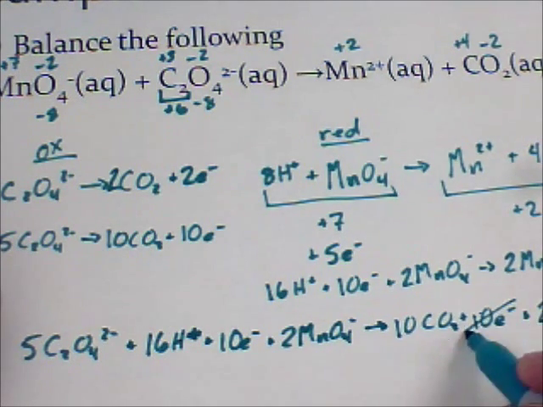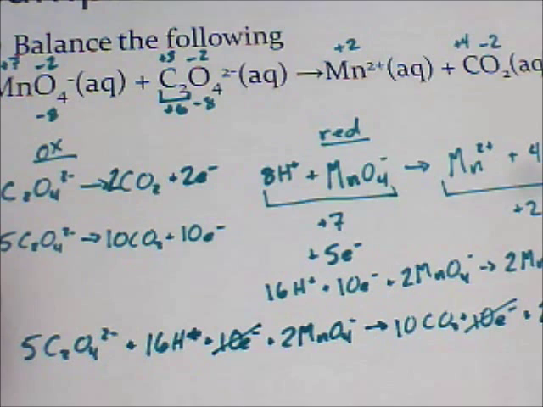Eliminating what's the same on both sides, I get rid of the 10 electrons on both sides. Everything else is exactly as it should be.